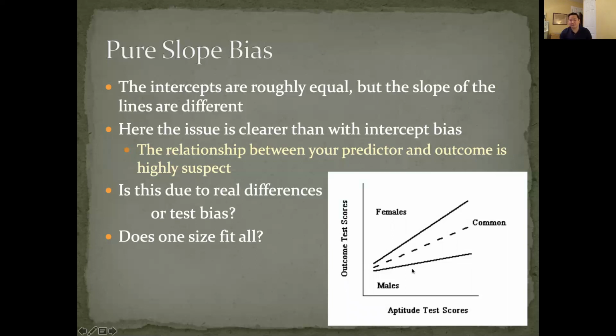That can be a pretty big problem. It's now showing that there's not differences in just how well people do, there's differences in how much our predictor affects our outcome. There's differences in how much the GRE relates to GPA between these two gender groups. So pure slope bias, less good. Definitely should raise some eyebrows.